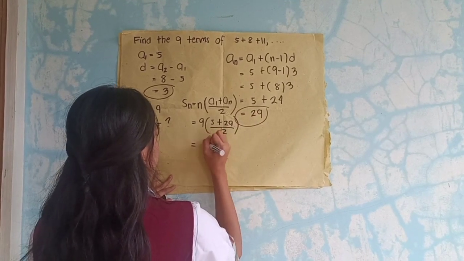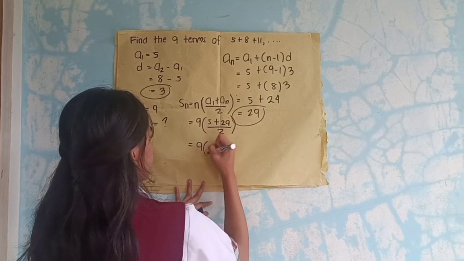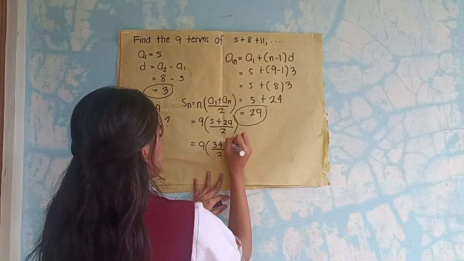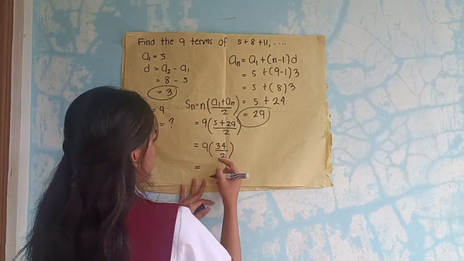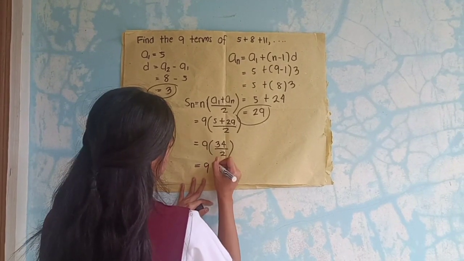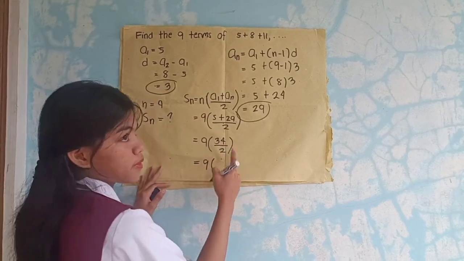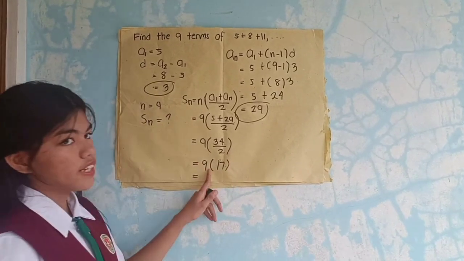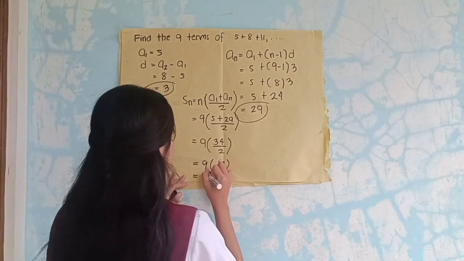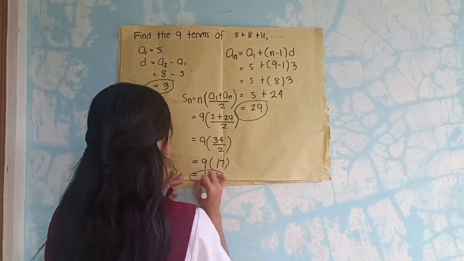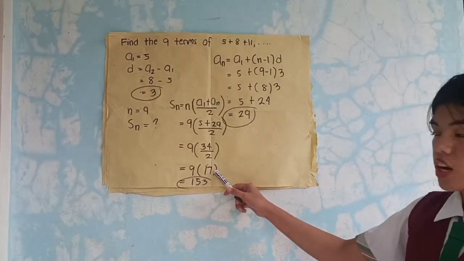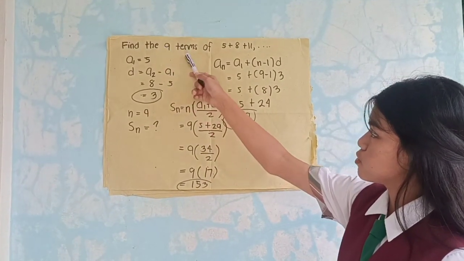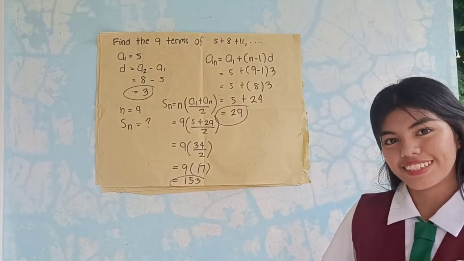So 9, copy the 9, and 5 plus 29 is equal to 34, divided by 2 is 17. And 9 times 17 is equal to 153. So this is our answer for finding the sum of the first 9 terms of 5 plus 8 plus 11.